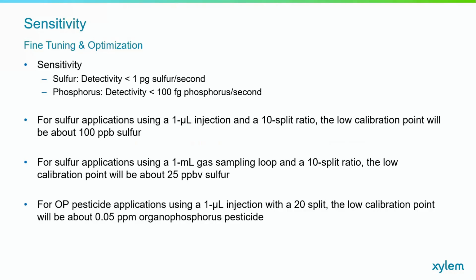Usually when it comes to a detector, the first specification that people want to know is sensitivity. Sometimes this is defined as detectivity, but this may not have a practical meaning for an end user just because of the customizable nature of GC. So we put a detectivity limit here, and you can see it there, but really what it comes down to is depending on your injection, your inlet that's used in your GC, your column, the split ratio of your inlet, and also the detector and how well optimized the detector is.